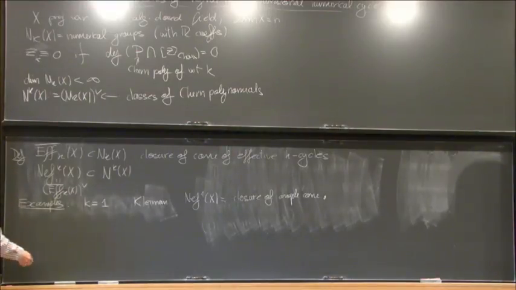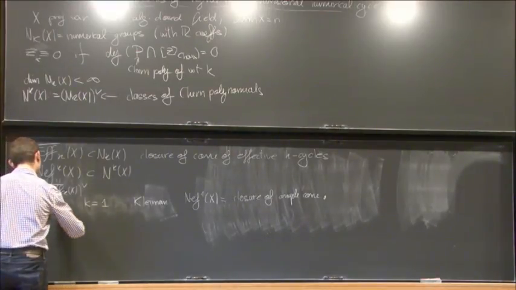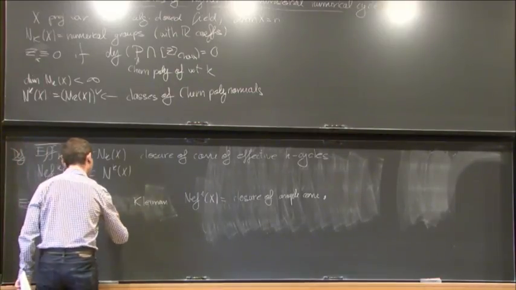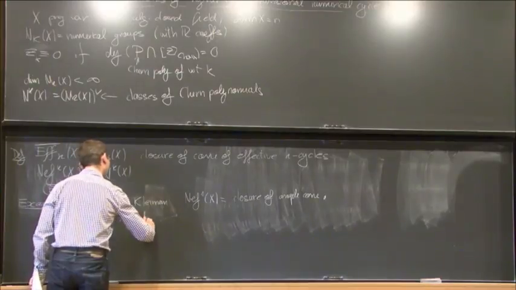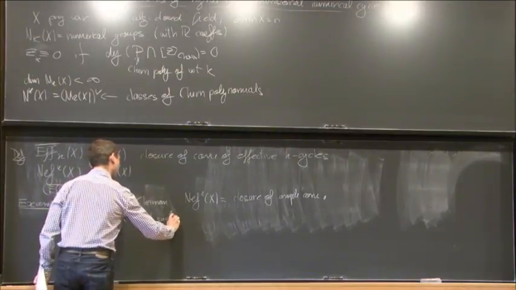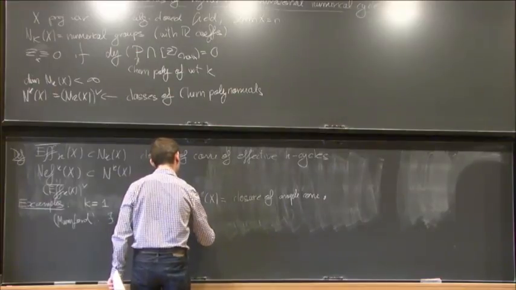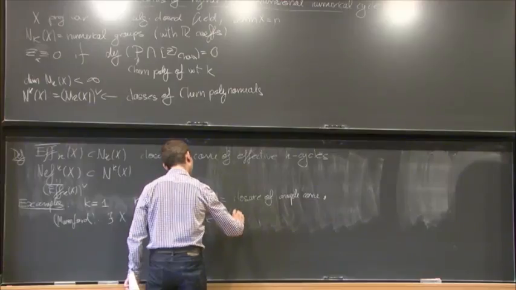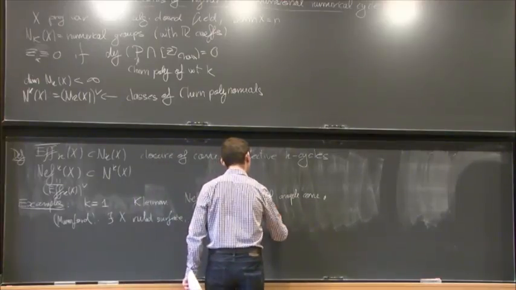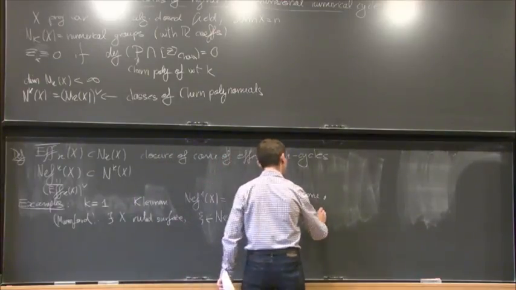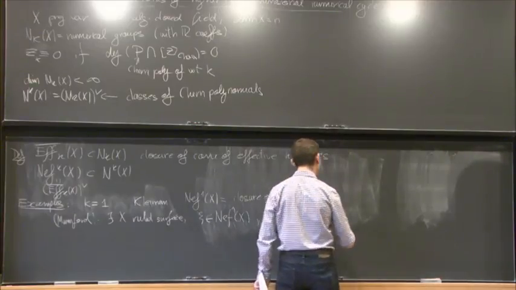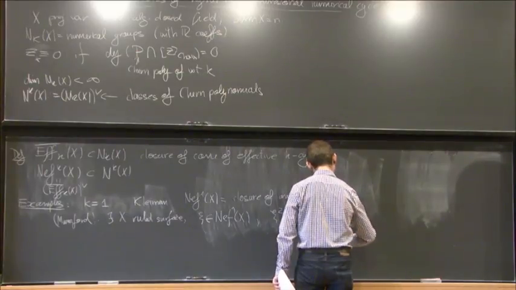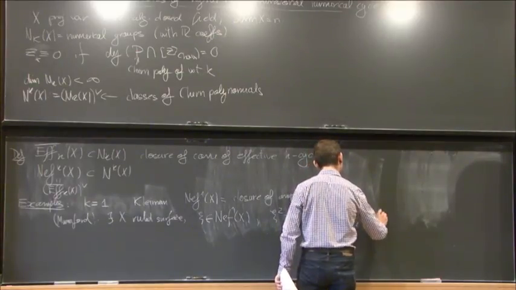And actually, there is an example of Mumford. So he shows that there exists X a ruled surface and xi a class with the property that the self-intersection is 0, but whenever we intersect it with an irreducible curve, we get a positive number.